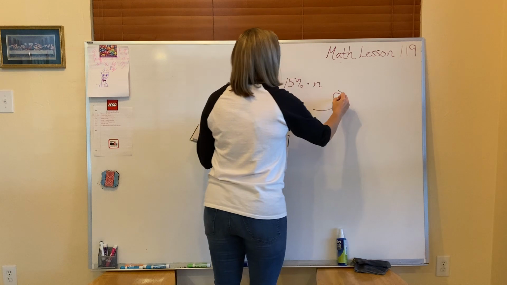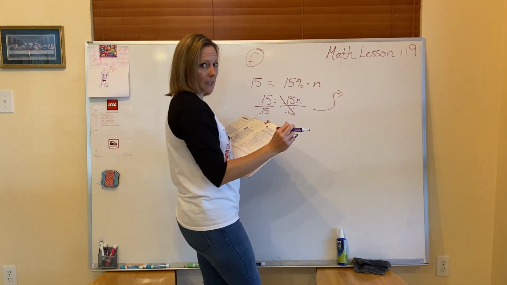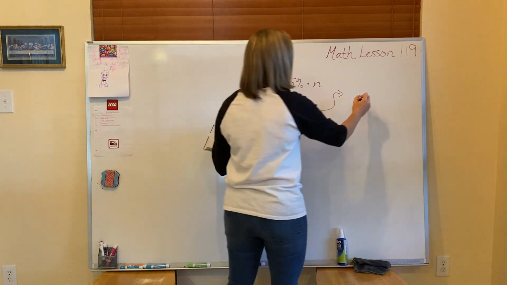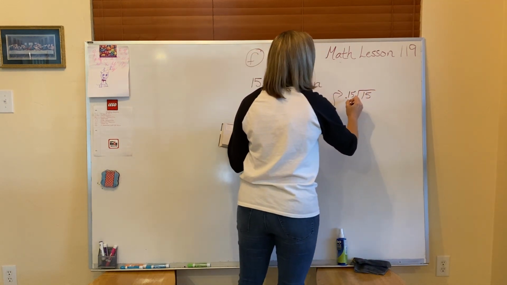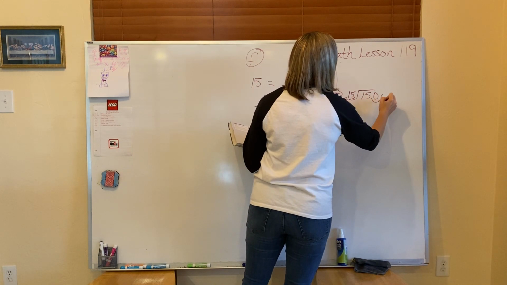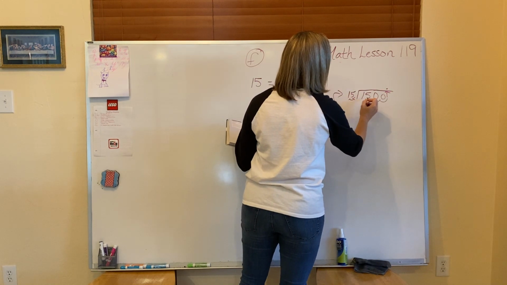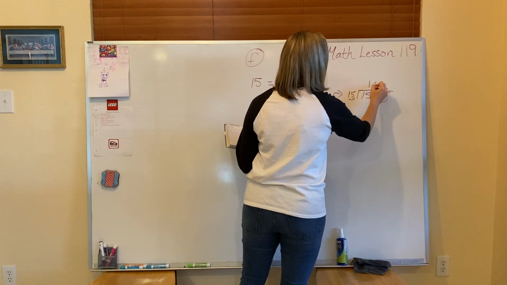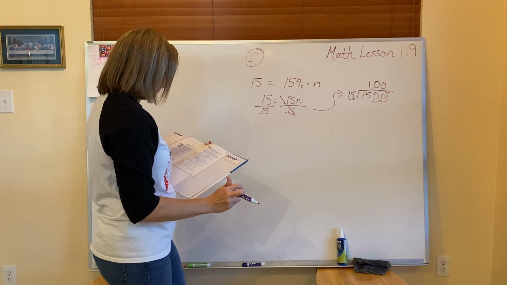So we know we're going to be shifting a decimal, huh? Okay, so we have 15 divided by 15 hundredths. Multiply each side by 100 so that we can perform our division. 15 goes into 15 one time with no remainder. So our answer is 100.